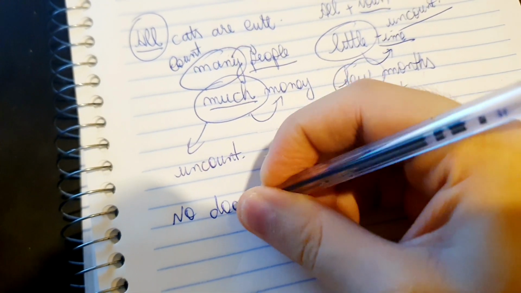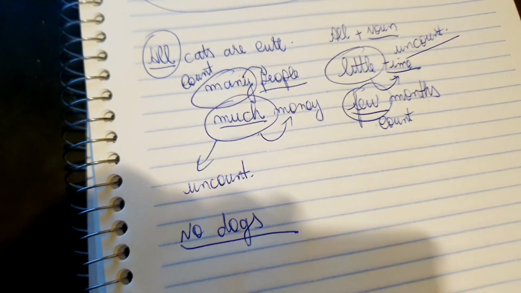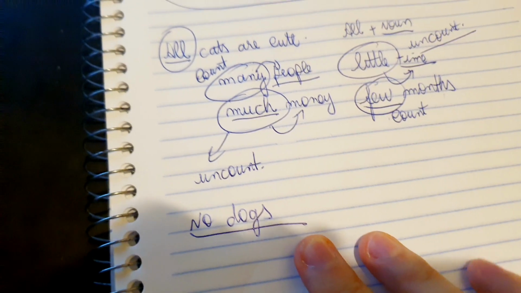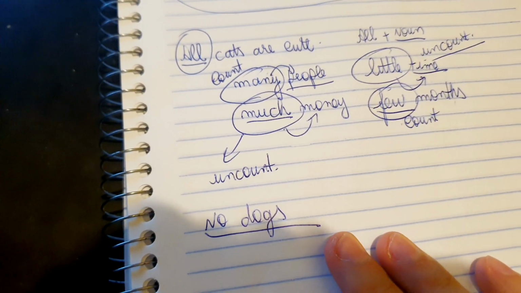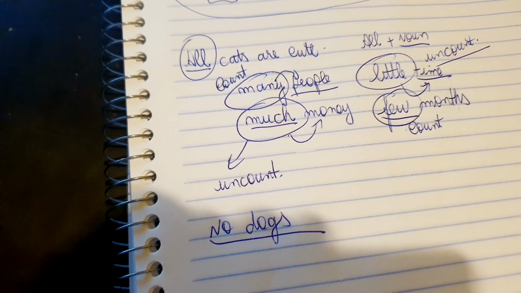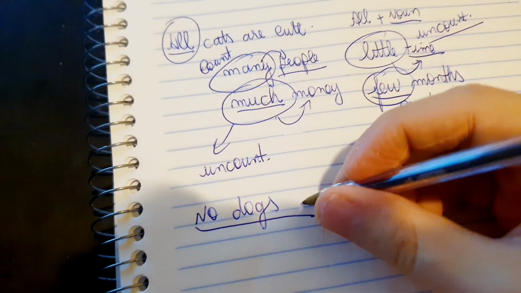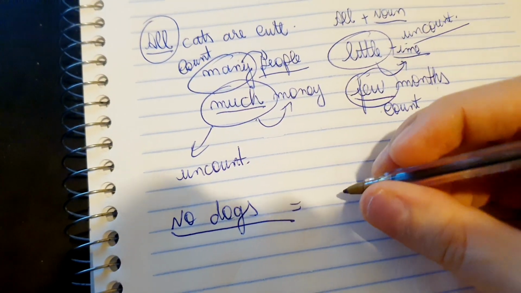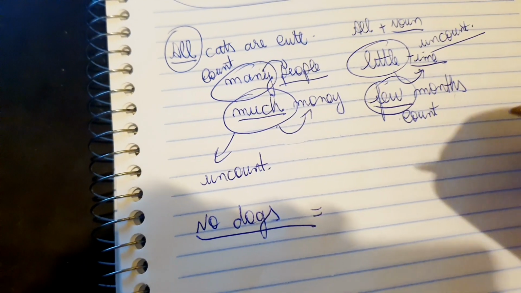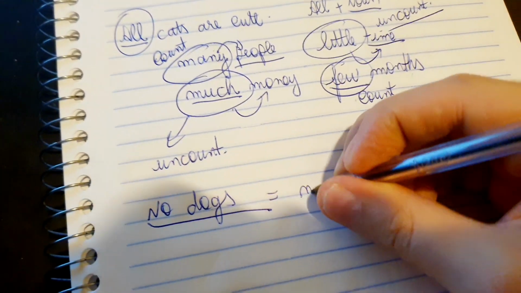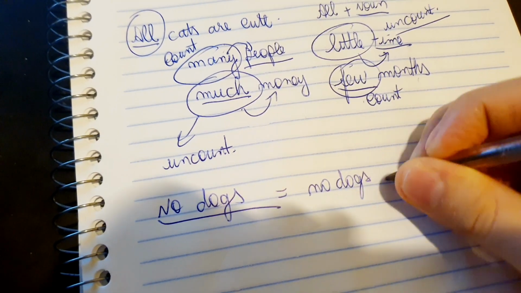Some more examples. Let's suppose you see a notice or a sign posted on the wall saying no dogs. What does it mean? It means that it's not allowed to have dogs in the place. No dogs are allowed.